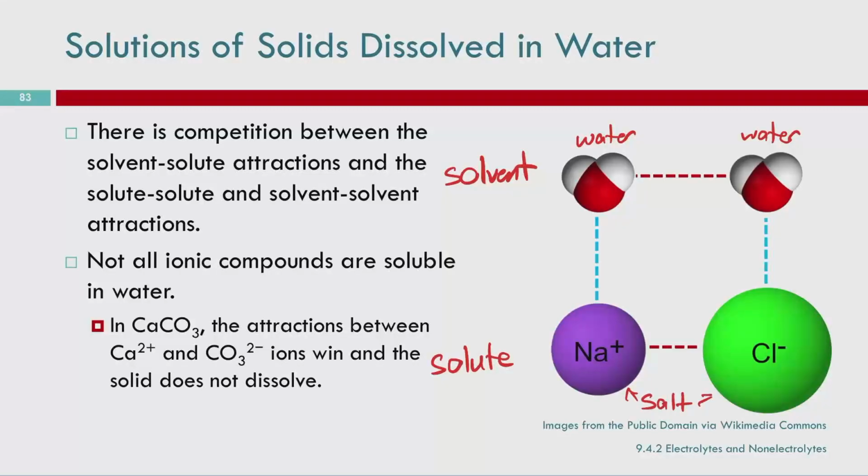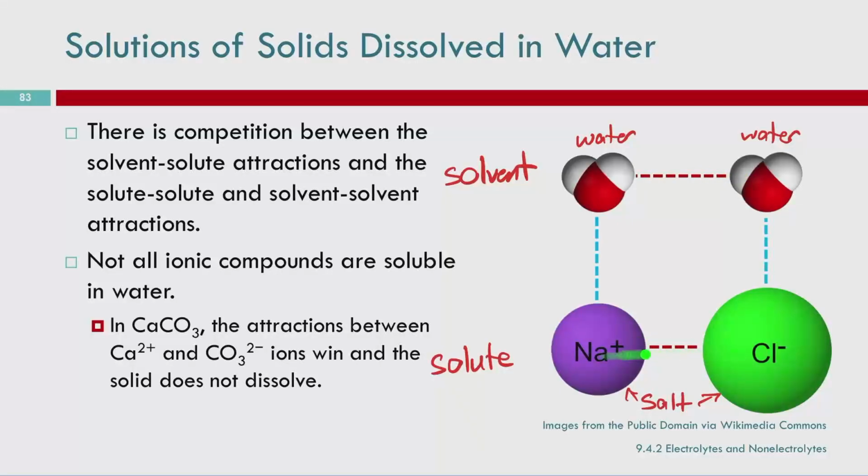Together, the sodium and the chloride are what we call salt. In order for the salt to dissolve in the water, the interaction between the water and the sodium and the water and the chloride has to be stronger than the interaction between the sodium and the chloride.